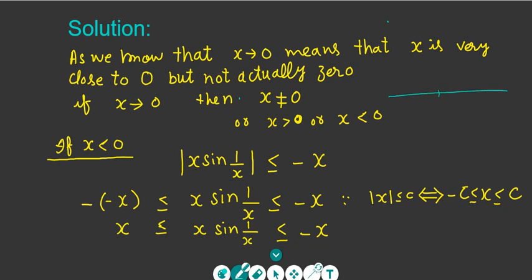Here if we mark 0 on the real line, then the value of x may be greater than 0, like 0.1, 0.01 or anything, and the value of x approaching 0 may be as minus 0.1, minus 0.01 or anything.